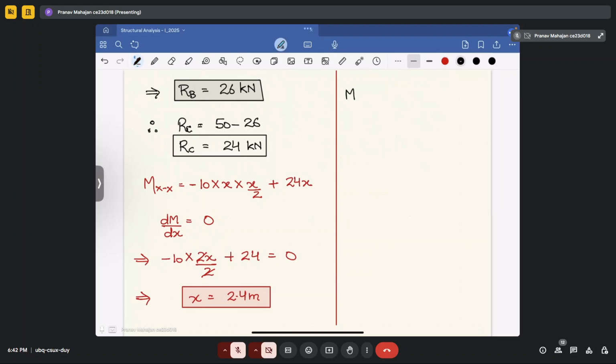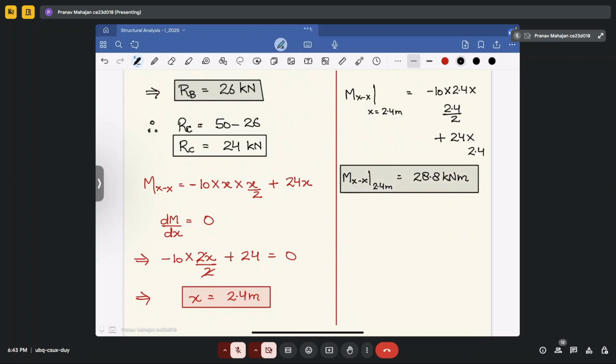Okay, so bending moment at xx, where x is equal to 2.4 meter, will be equal to minus 10 into 2.4 into 2.4 divided by 2 plus 24 into 2.4. Okay, so this MXX at 2.4 meter is coming out to be 28.8 kilonewton meter.